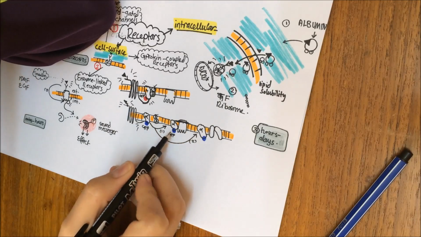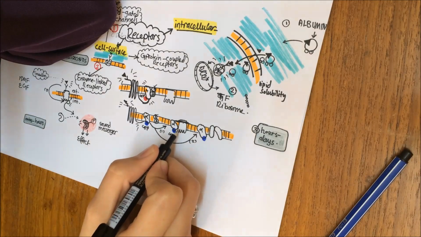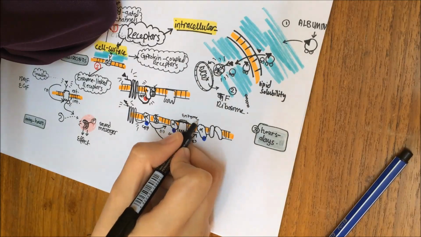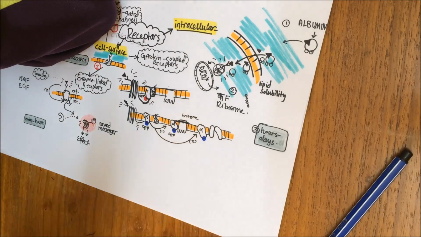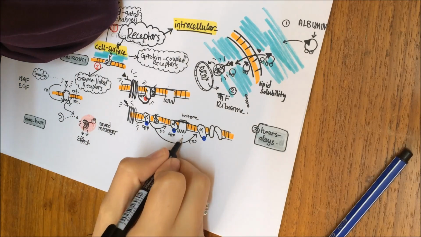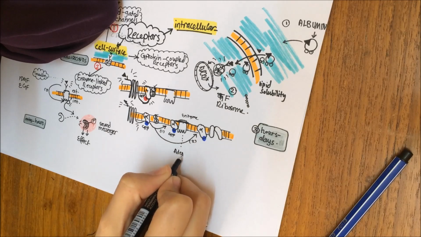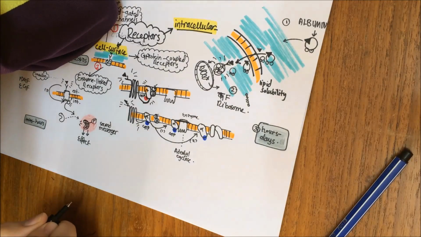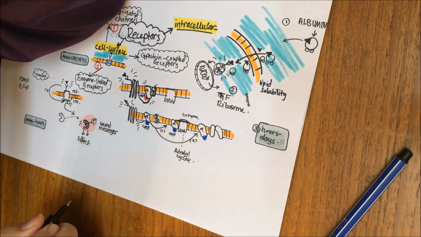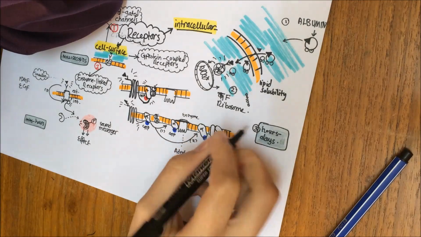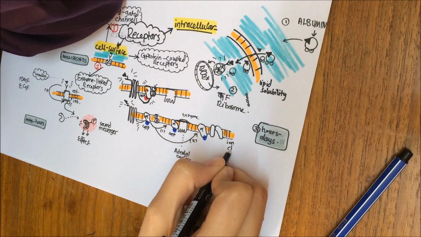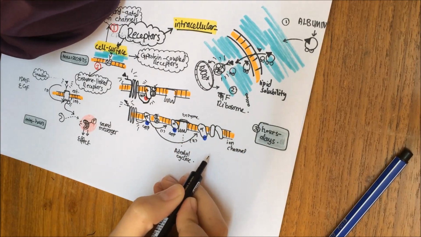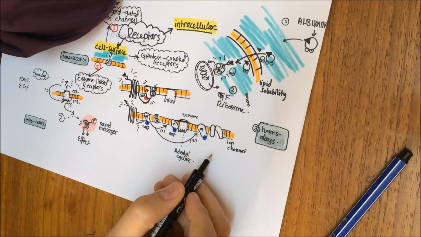For example, the first example, this alpha subunit will go and activate a specific enzyme here, and a realistic example of this is adenylyl cyclase. Or the alpha subunit will go to a certain ion channel and activate it, and so it will open, and ions will move to the inside of the cell.